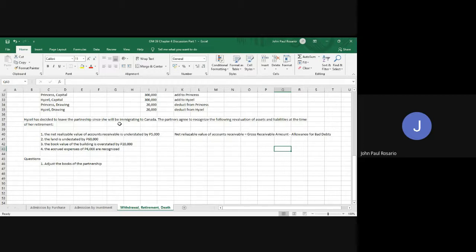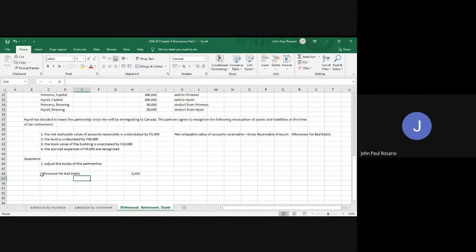Since the accounts receivable is understated by 5,000, we decrease the allowance for bad debts. Since this is a contra asset account, a decrease is a debit. So we debit allowance for bad debts worth 5,000.